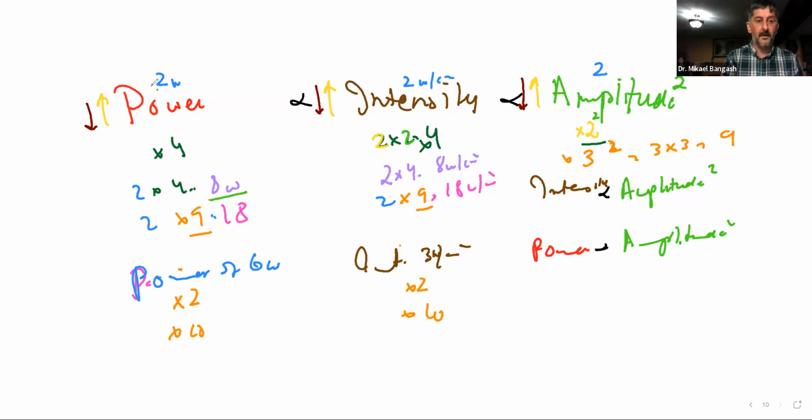I had an initial power of 2 watts. 2 times 4 becomes 8 watts. We had an initial intensity of 2 watts per centimeter square. Amplitude increased twice, which means that intensity will increase 4 times. So my final intensity is going to be 8 watts per centimeter square.